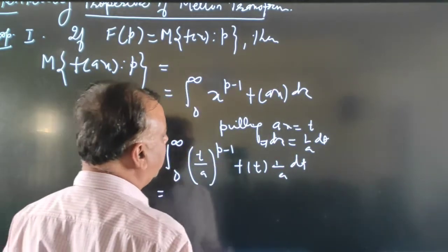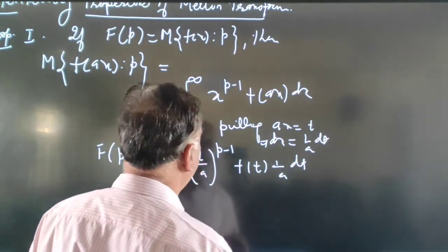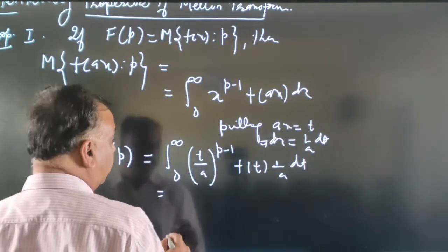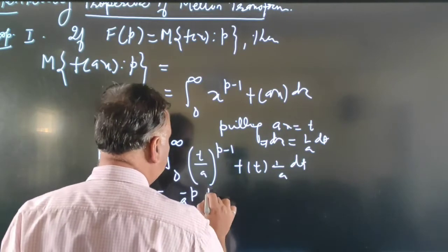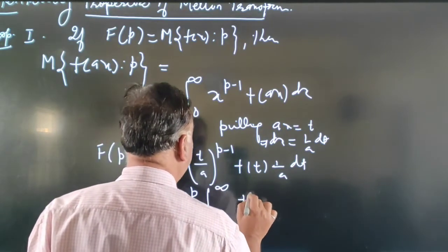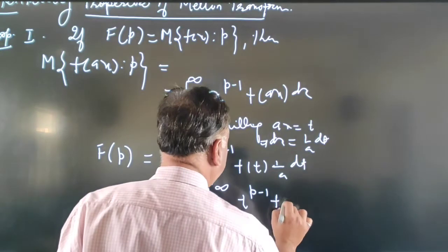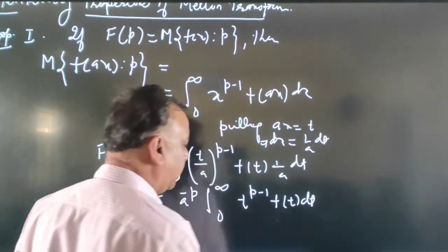If we solve this, this is equal to 1 upon a raised to p minus 1 into 1 upon a. So this is 1 upon a raised to p, that is a raised to minus p, times the integral from 0 to infinity of t raised to p minus 1 f(t) dt.